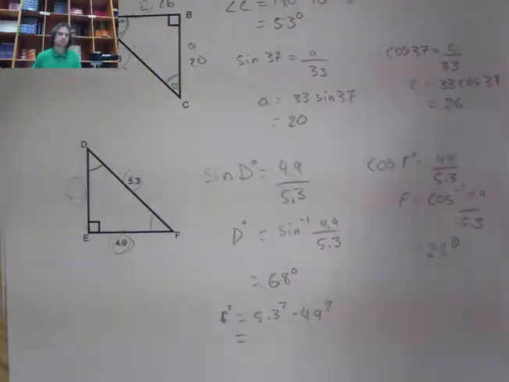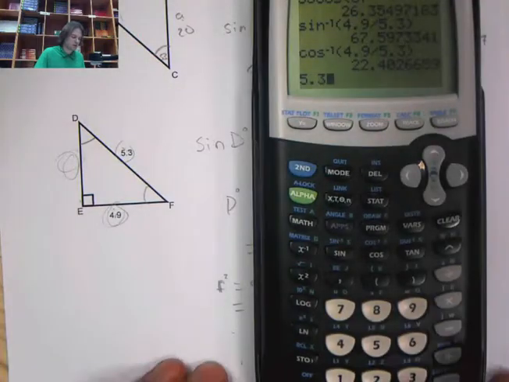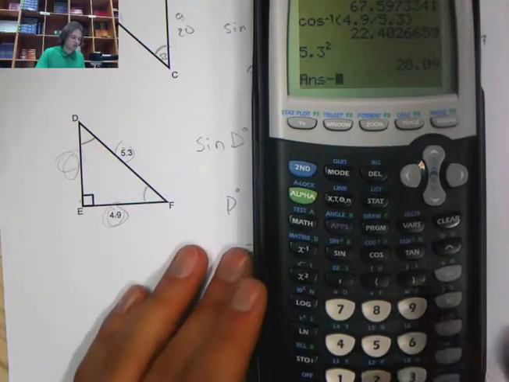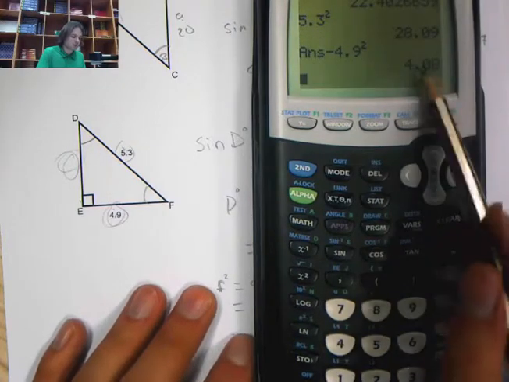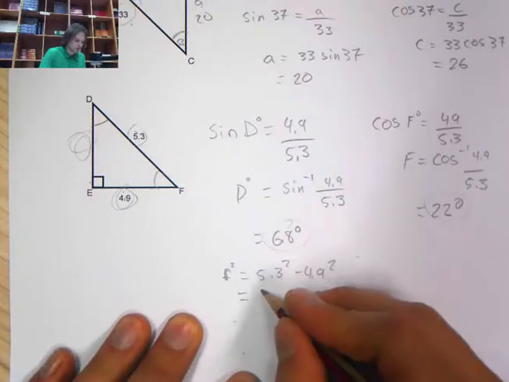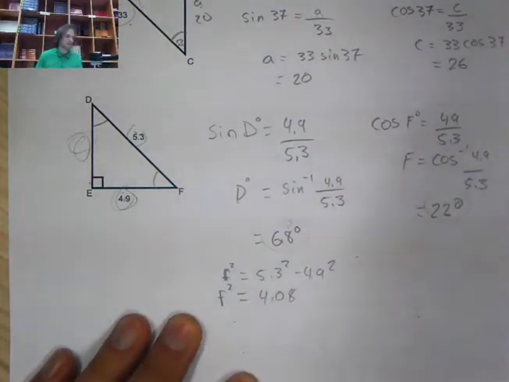Okay? So let's take a look at that. I'm going to plug it into my calculator, have 5.3 squared, enter, and then I'm going to subtract 4.9 squared, enter. So now that gives me a total of 4.08. Okay? That's f squared.